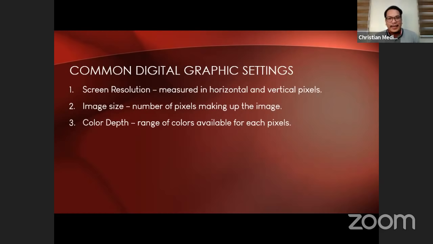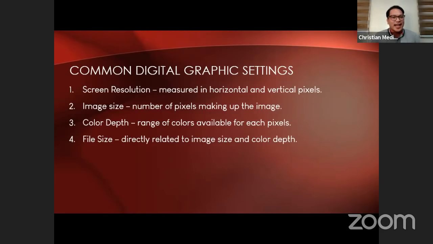For example, an 8-bit setting can display about 256 colors per pixel, 16-bit about 65,000 colors, and 24-bit about 16.7 million colors. These settings can be assigned to an image as you're about to create it using an application like Adobe Photoshop.